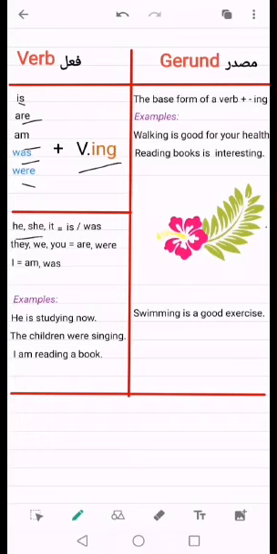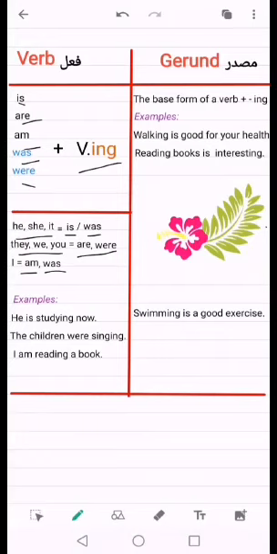With he, she, it we use is plus verb ing in the present continuous, or we can use was plus verb ing in the past continuous. And with these pronouns they, we, you, we use are or were, are plus verb ing or were plus verb ing. And with the pronoun I, we use am plus verb ing or was plus verb ing. Okay, now let's read these examples.